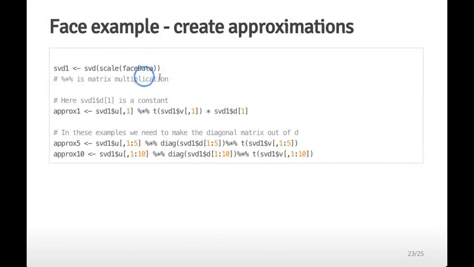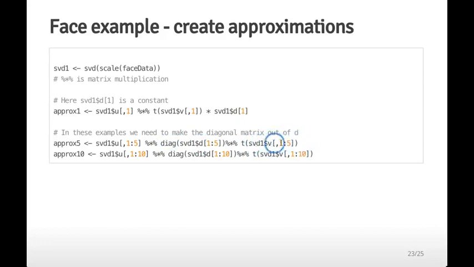To create the approximations, I first calculate the singular value decomposition, and then I perform a specific set of matrix multiplications, like the one I explained in the math earlier in the talk. Basically I take U times D times V. When you have multiple vectors, I matrix multiply U times a diagonal matrix with D on the diagonal, times the V matrix transpose.